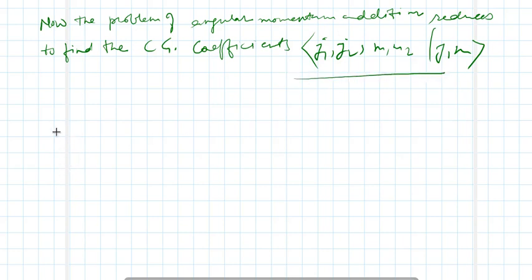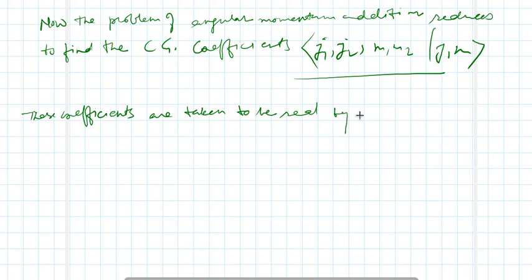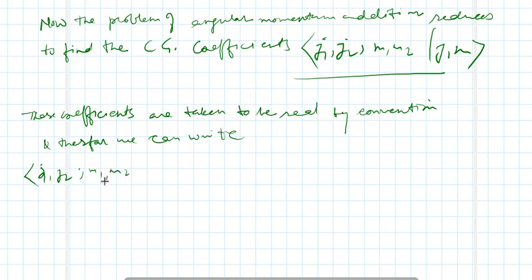And these coefficients are taken to be real just by convention, and therefore we can write <j1, j2, m1, m2|j, m> is equal to <j, m|j1, j2, m1, m2>, right?